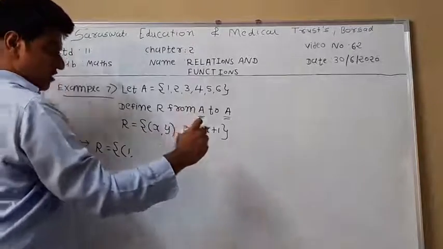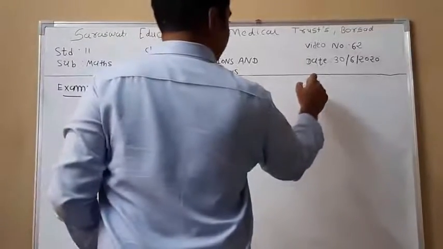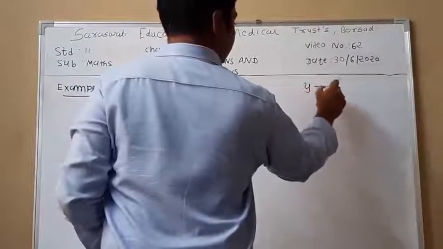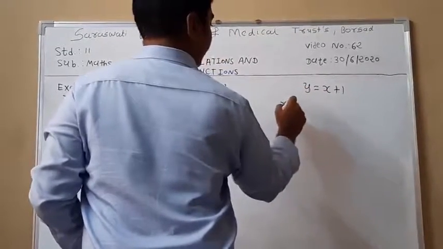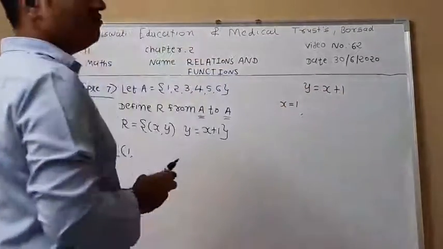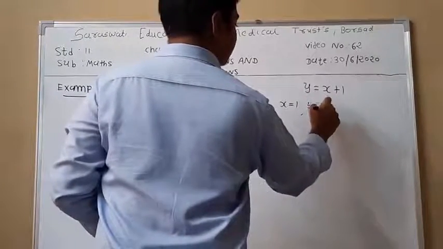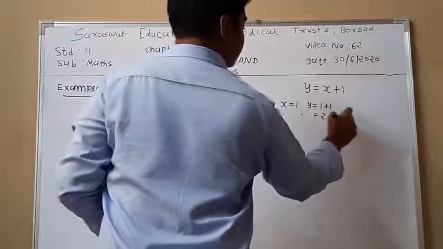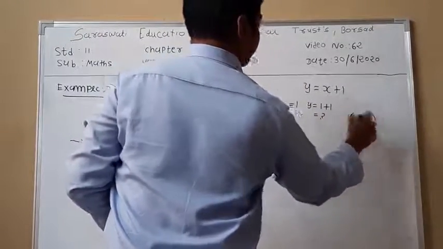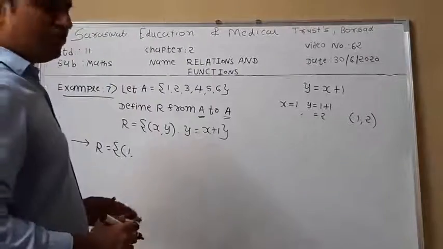Our equation is y is equal to x plus 1, so x is equal to 1. Now substitute in this equation, so y is equal to 1 plus 1, that means 2. So here we get one ordered pair, (1, 2).